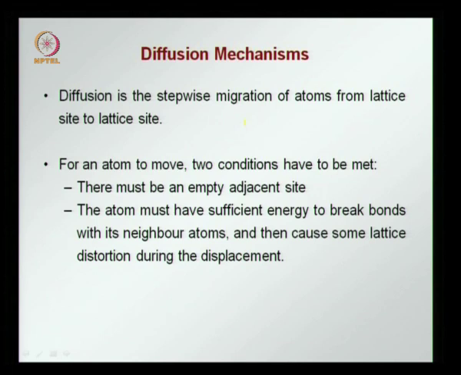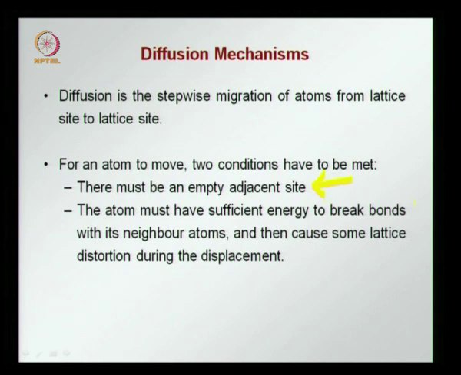Diffusion is therefore a stepwise migration of atoms from lattice site to lattice site. Within the lattice structure, step by step the atoms are migrating, this is called diffusion. Now, for this diffusion to occur or the migration of atoms to occur within the lattice structure, two conditions have to be satisfied. First, there should be an empty adjacent site because the atom has to shift there.